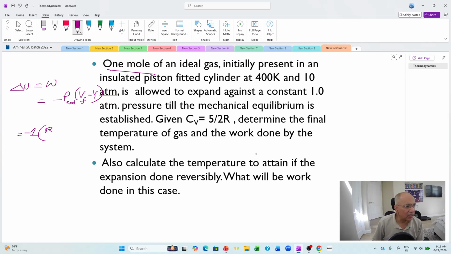The initial pressure is given as 10 atmosphere. The initial temperature is also given, 400.